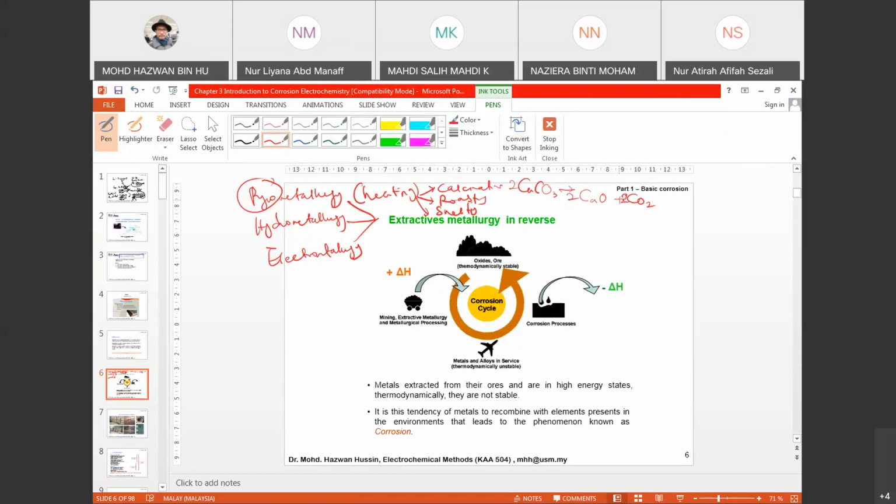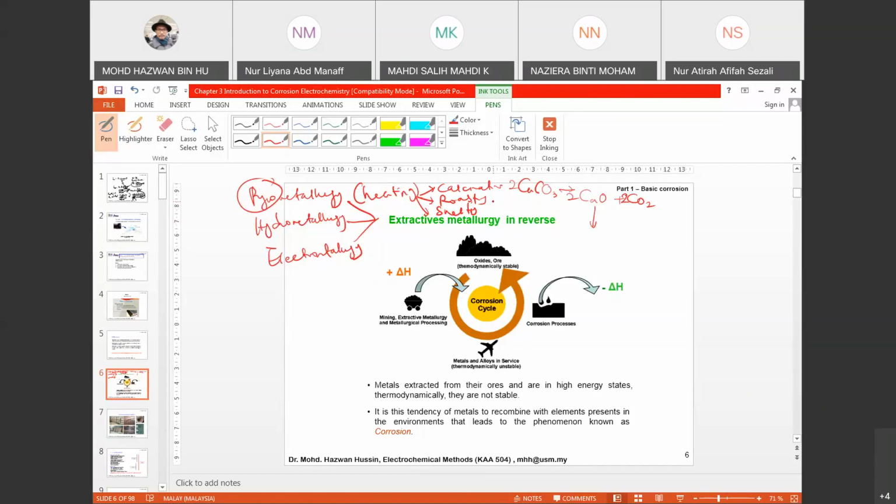So the conversion of metal carbonates, for example, is done by calcination. It's the direct heating process to produce calcium oxide. Later on you can produce pure calcium or pure metals from the smelting process. Roasting, meanwhile, is a process where you introduce gas.